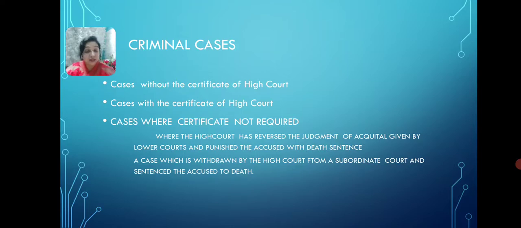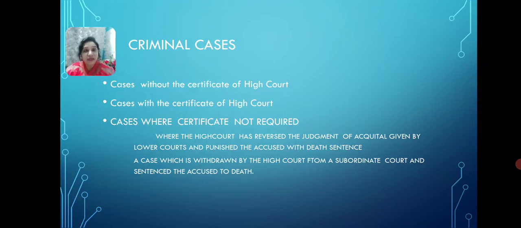Death sentence means the person will be imprisoned till his death. Another case is one which is withdrawn by the High Court from a subordinate court, and the High Court sentences the accused to death. Now sometimes it happens like this, that from a subordinate court or a sessions court, the case goes to the High Court, right?